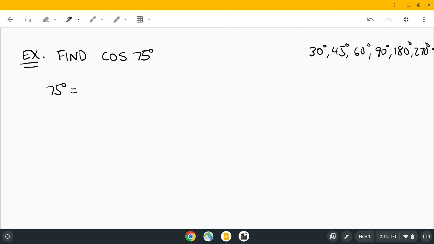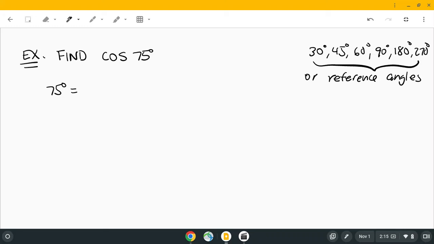However, remember, we also have reference angles. The ones that have reference angles 30, 45, 60, 90, 180, 270, etc. So one thing you can do is, well, I have 75.